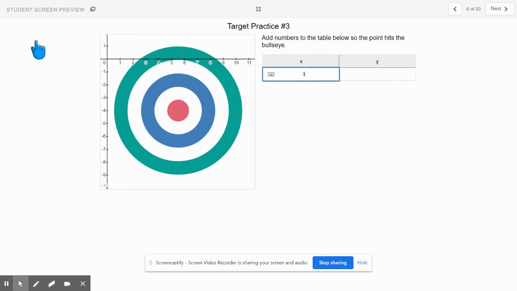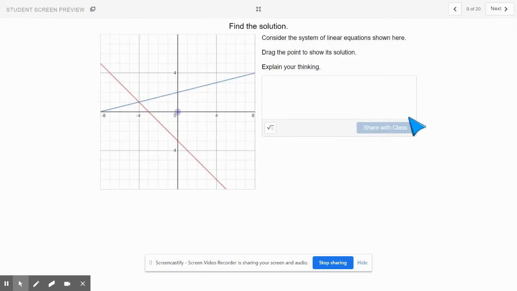Remember, your x goes this way, left and right. If I'm going positive 5, that's right here. Now, am I going up? No, I'm going down, which means my numbers should be negative, okay? Negative 4, look at where my point is. It's in the red, but I want it right in the middle of the red, okay? Keep it going, keep it going. Next slide.